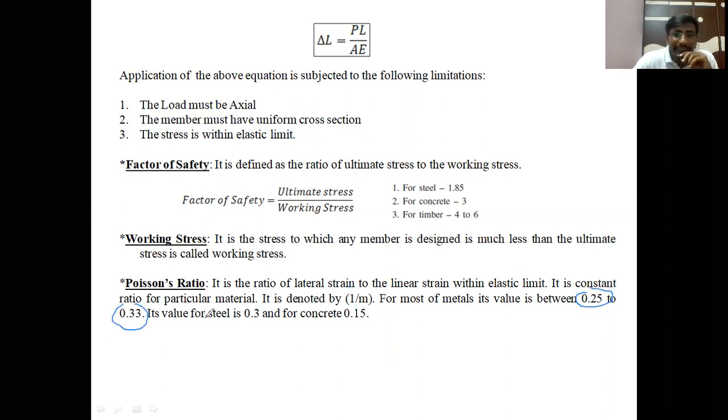That means the lateral strain is 0.25 times the linear strain to 0.33 times the linear strain. Its value for steel is 0.3. That means the lateral strain is very high for steel. For concrete it is 0.15. That means the lateral strain, when compared to steel, is somewhat less than steel.